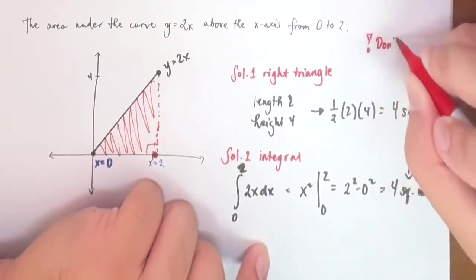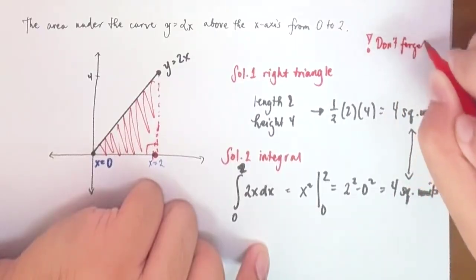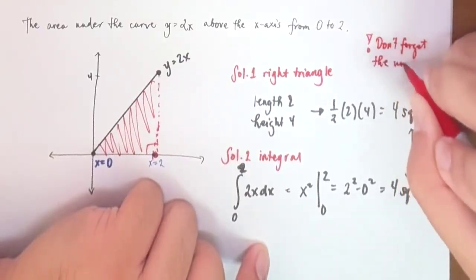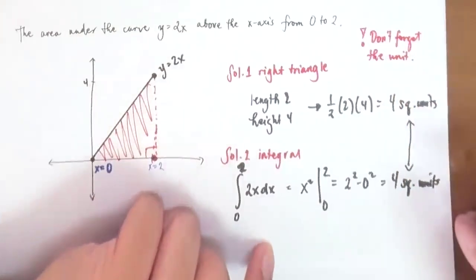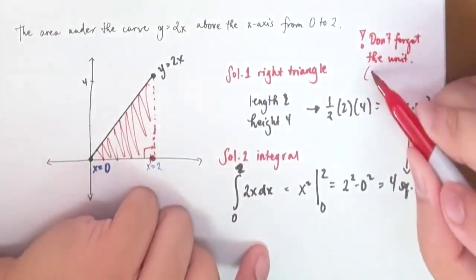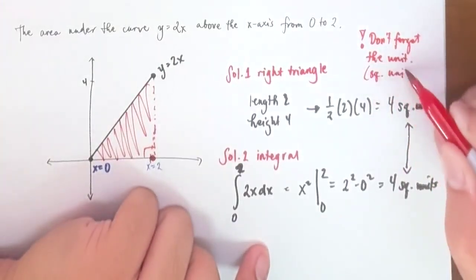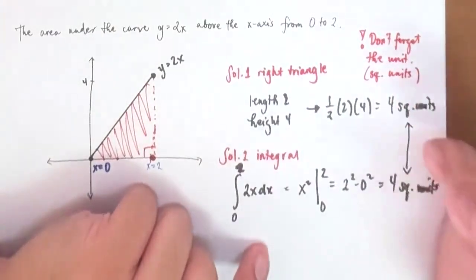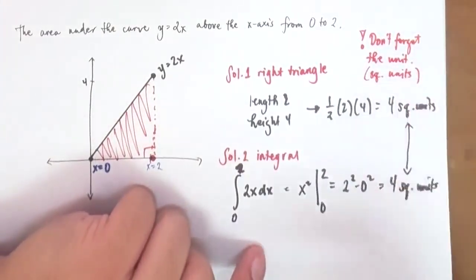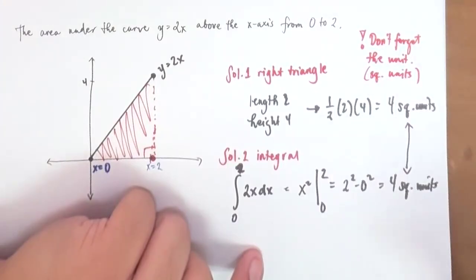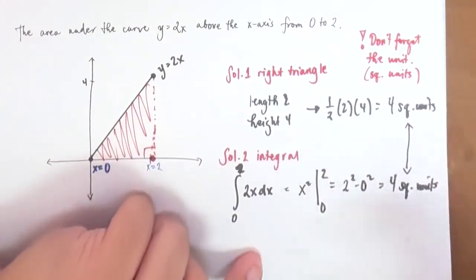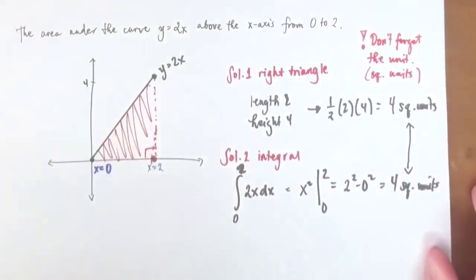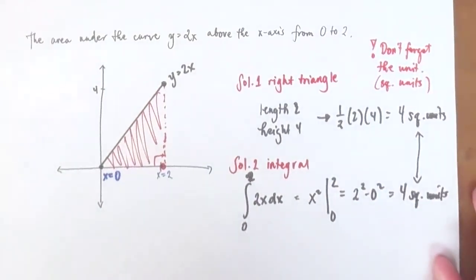Don't forget the unit. However, if you forget it, this is one of those problems where I'm more lenient about the lack of units anyway. But it's best practice if you put it.